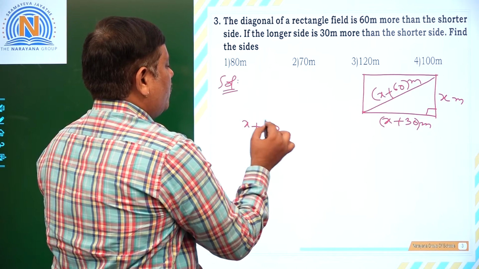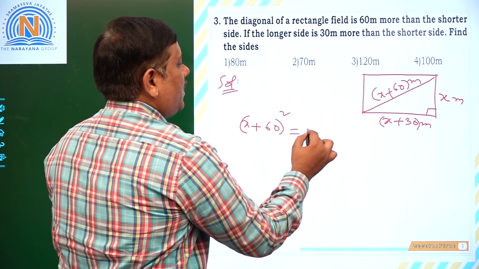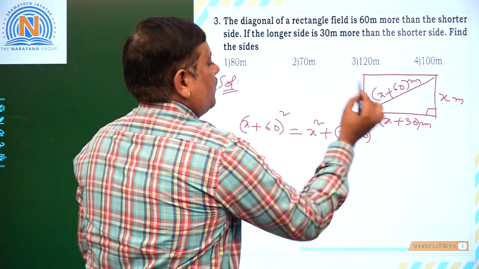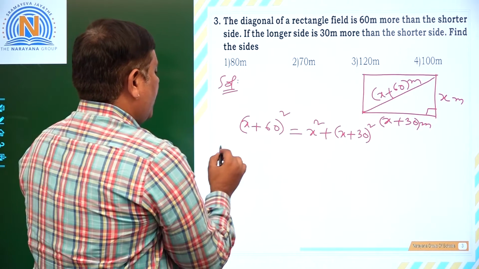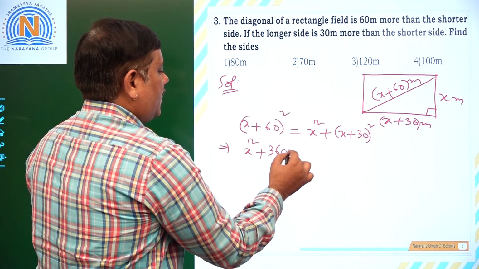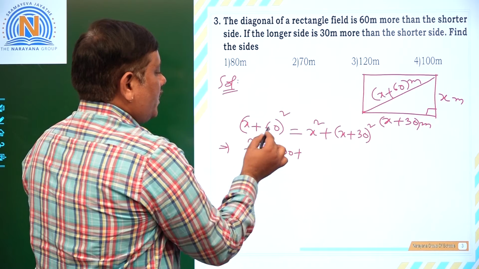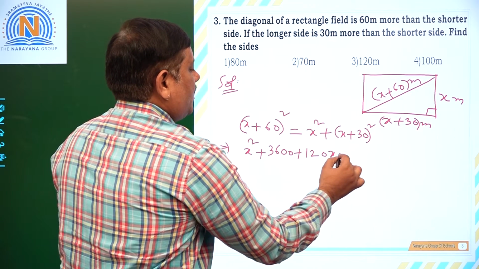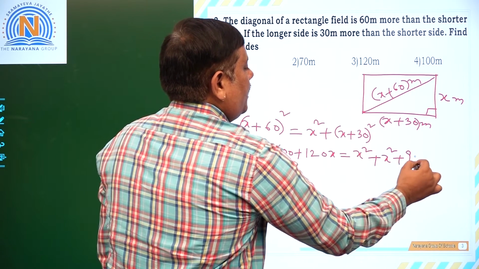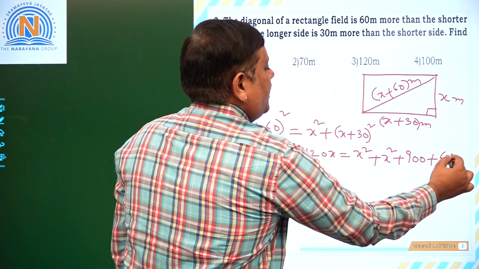That is hypotenuse square, that is x plus 60 whole square is x square plus x plus 30 whole square. Okay. So again if you simplify, you have x square plus 3600 plus 2 into x into 60, that is 120x, that is equal to x square plus 900 plus 60x.